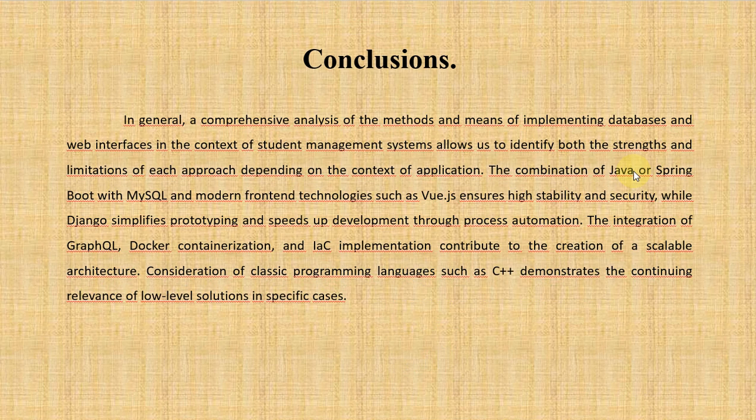The combination of Java or Spring Boot with MySQL and modern front-end technologies such as Vue.js ensures high stability and security, while Django simplifies prototyping and speeds up development through process automation. The integration of GraphQL, Docker containerization, and IaC implementation contribute to the creation of scalable architecture.